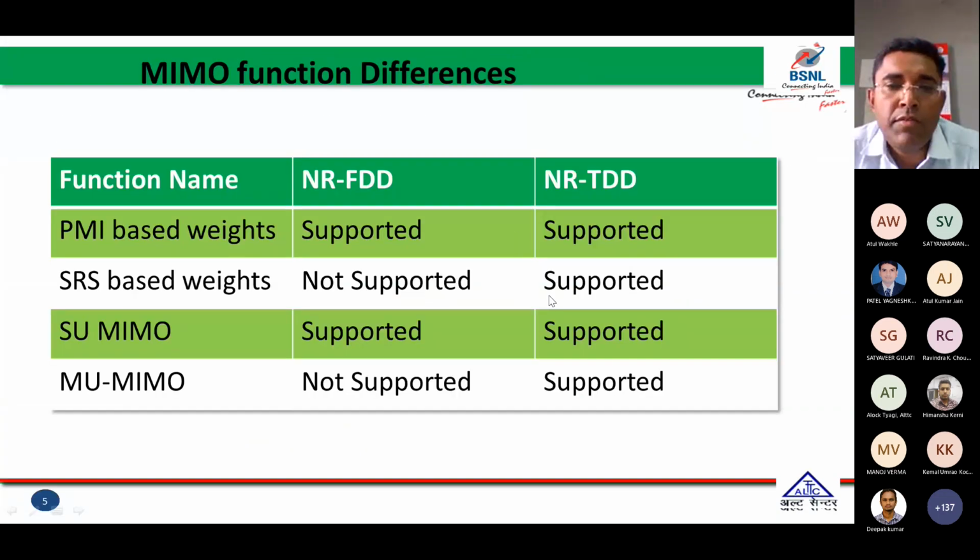Now, what are the functions in new radio frequency division duplex and new radio time division duplex? As all of you already know, the frequency bands used in 5G are FR1 and FR2, frequency range 1 and frequency range 2.